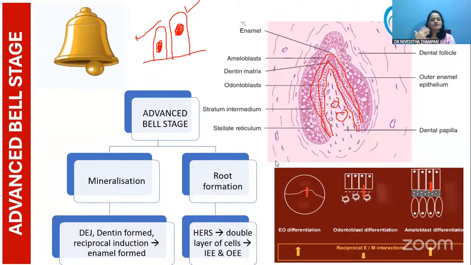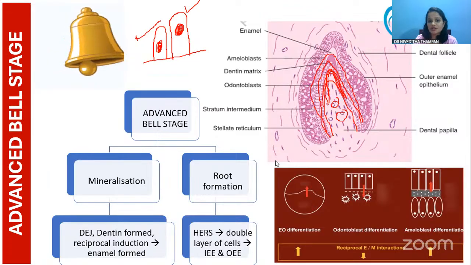But once the hard tissue, the dentine, is deposited between the inner enamel epithelial cells and the blood vessels, that is where the dentine is getting deposited.